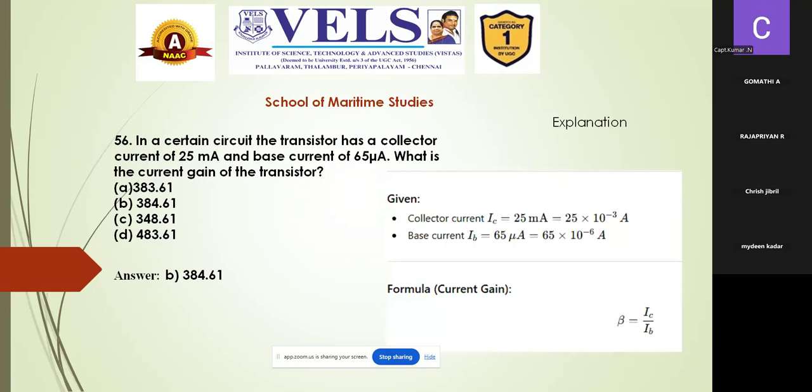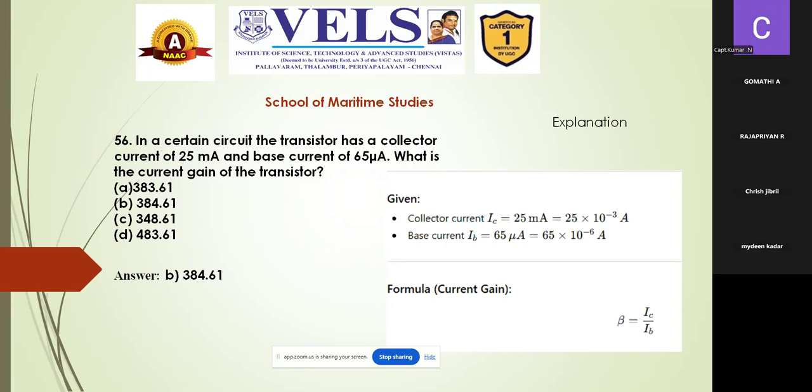Next question. In a certain circuit, the transistor has a collector current of 25 milliampere and base current of 65 microampere. What is the current gain of the transistor? The current gain formula is current gain equal to IC divided by IB, which means collector current and base current.